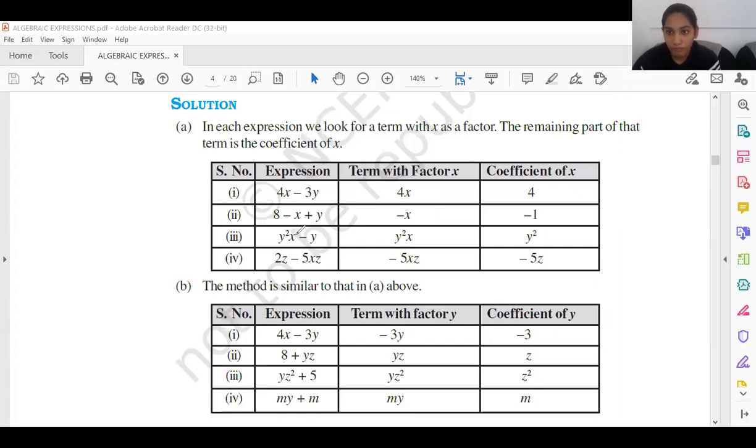Now look at this fourth part, 2z minus 5xz. The term which contains x is only this one, with the minus sign. So what is the coefficient of x? Anyone? It will be written in the answer, but you have to tell me yourself. Arya, you tell me.